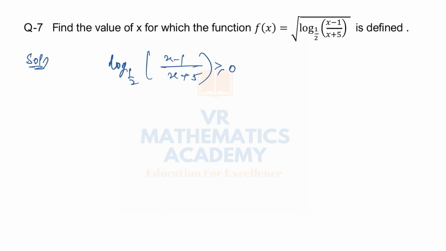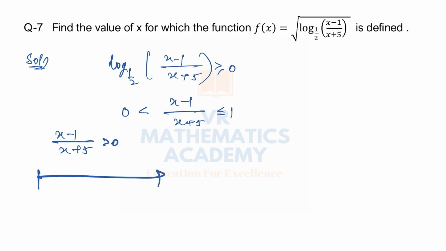Because the base is less than 1 and greater than 0, (x minus 1)/(x plus 5) will be less than or equal to 1 and greater than 0. So when (x minus 1)/(x plus 5) is greater than 0, the critical points will be minus 5 and 1, and the region is x less than minus 5 or x greater than 1.